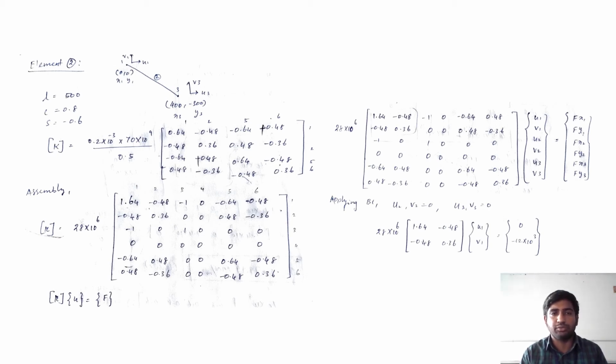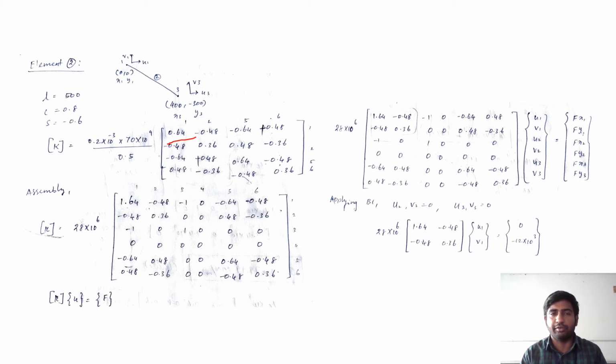Here the k1 value is at 1 comma 1. Okay, so at 1 comma 1 we can see the 0.64, and the previous matrix has a value of 1 there. So we should add them: 1 plus 0.64 is equal to 1.64.